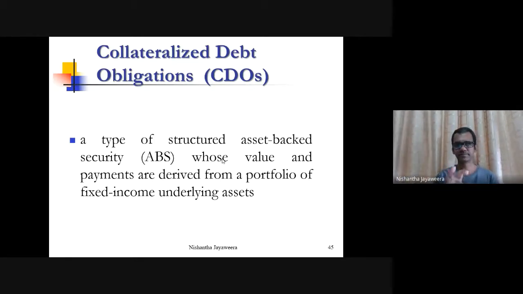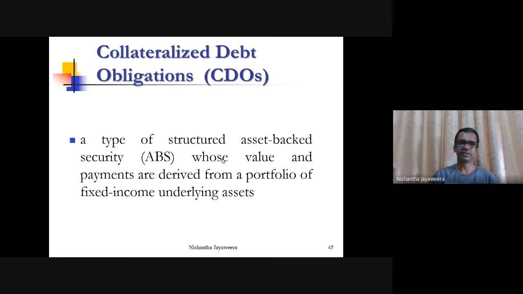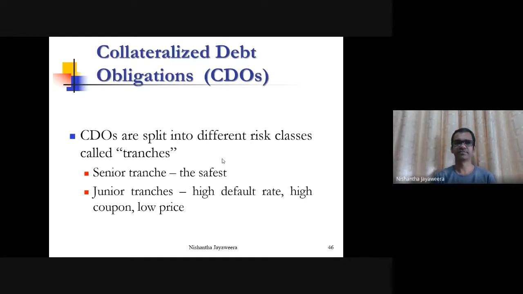But collateralized debt obligations allow the bank, or the originator, to transfer that asset to a separate entity, and based on that issue a security in the market, allowing other investors to invest in that security.